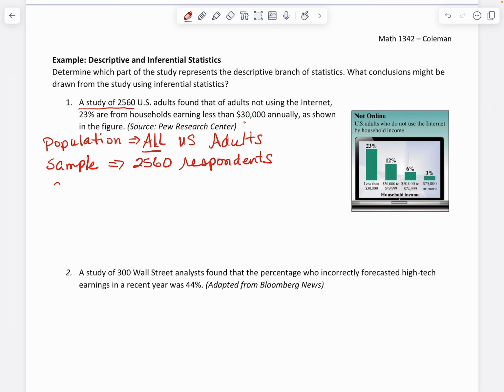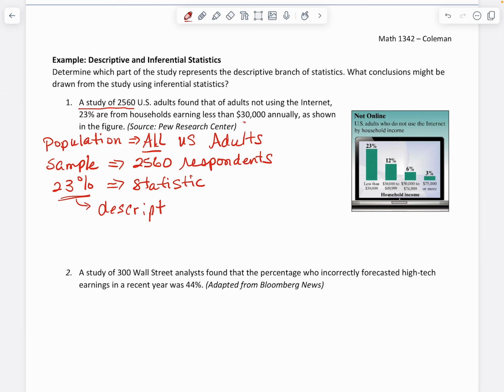Of those, the 23% who earn less than 30% annually are the statistic. And this numeric value also is describing the data.